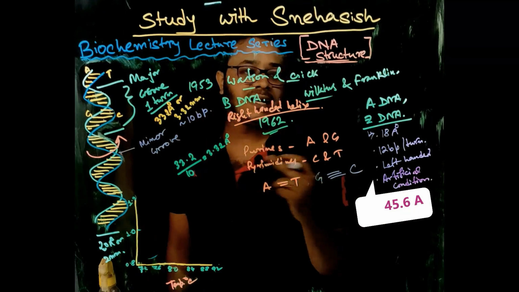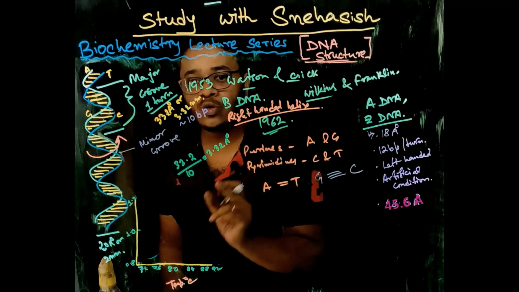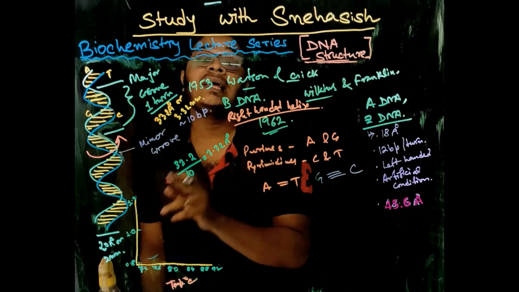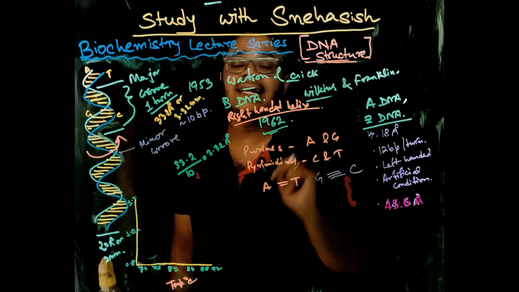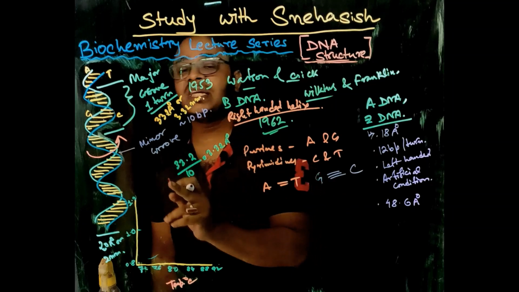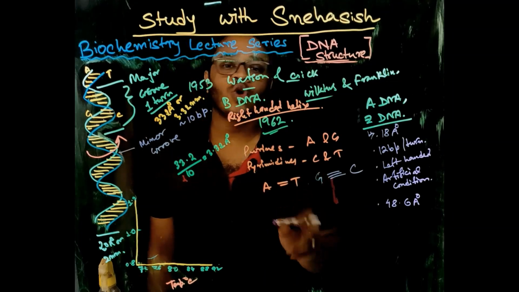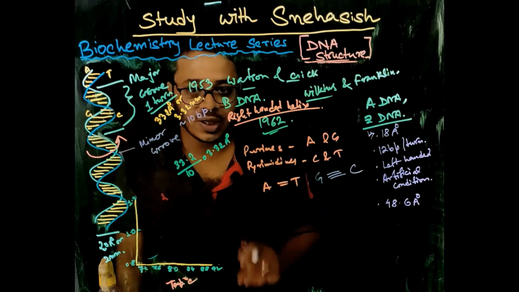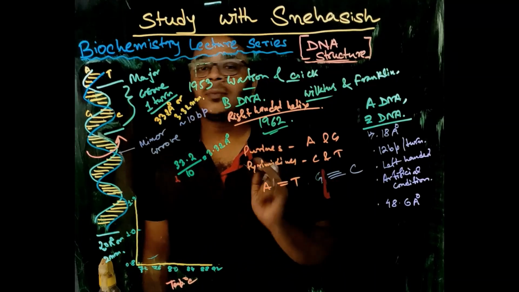So the Z-DNA is much longer per turn but much narrower than B-DNA, whereas B-DNA is 20 Angstrom in diameter but the Z-DNA is 18 Angstrom in diameter. It is left-handed, whereas B-DNA is right-handed, and Z-DNA is not usually found naturally. Okay, so these are the double-stranded DNA.